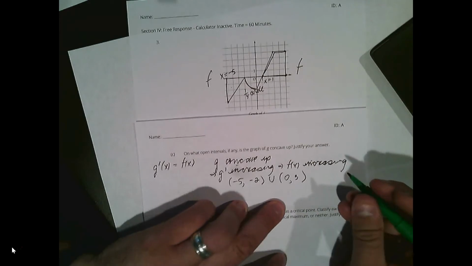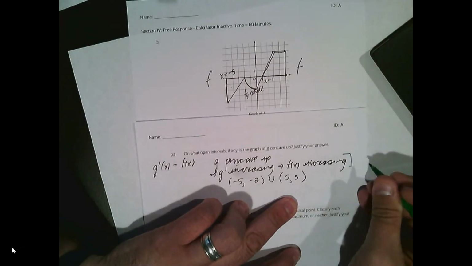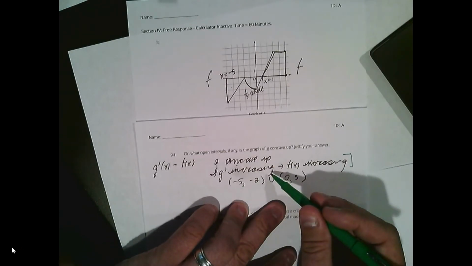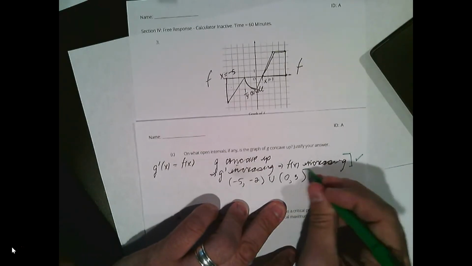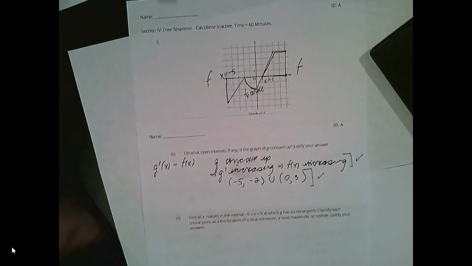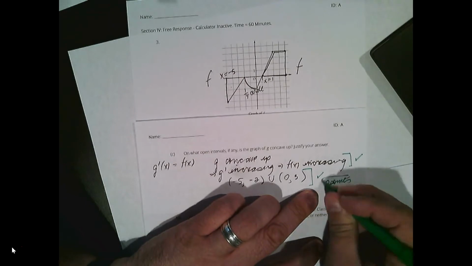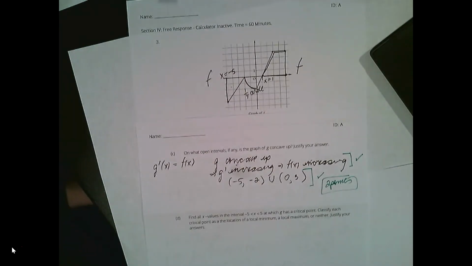And that's it. 1 point for making the connection that g concave up means g prime is increasing, which gets you to f is increasing. 1 point for the identification of both intervals, for a grand total of 2 points.